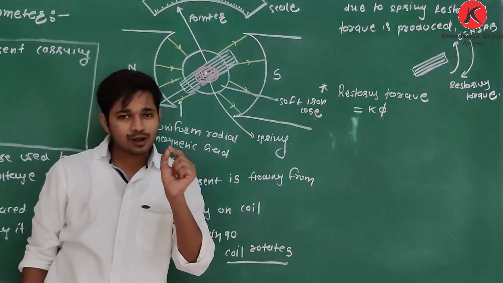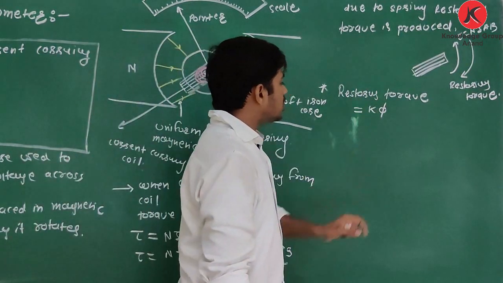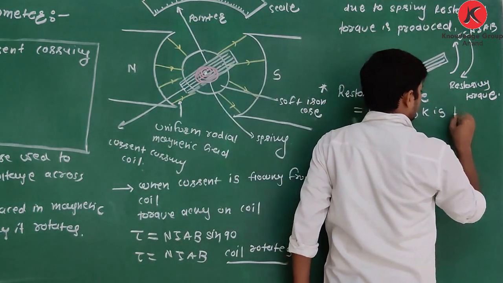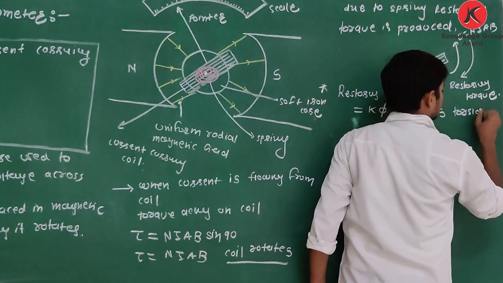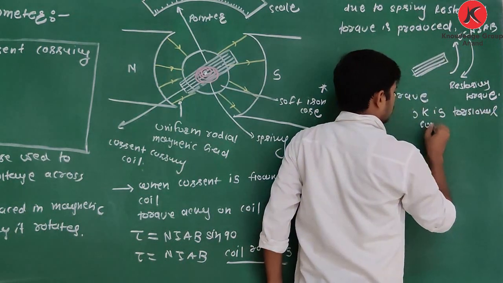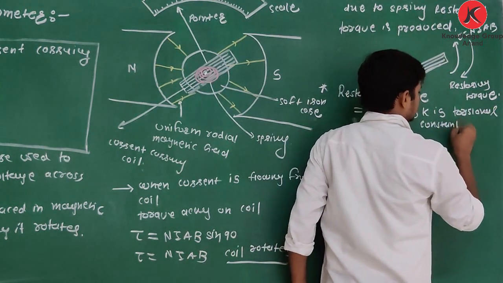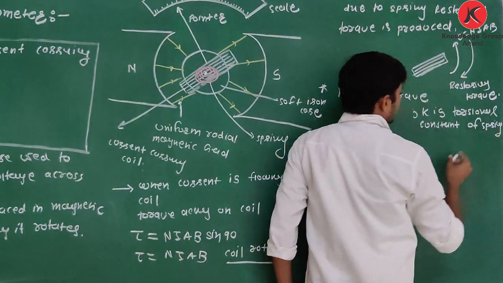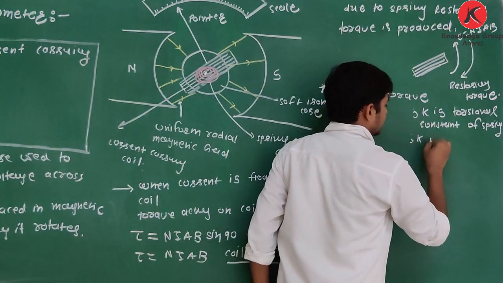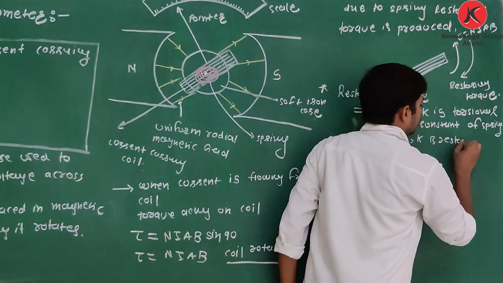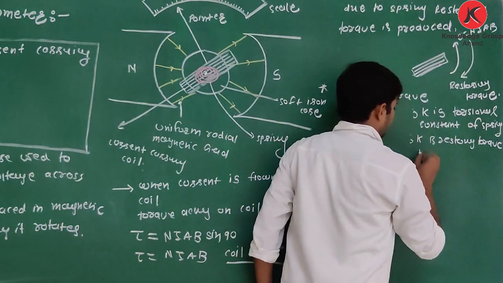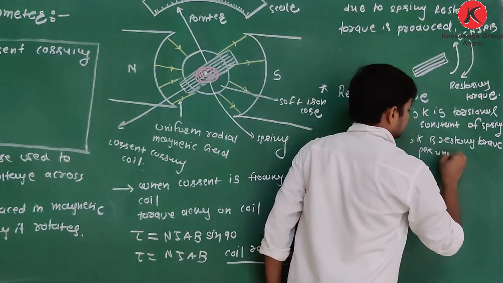So restoring torque is equal to K phi, where K is the torsional constant of the spring, or it is also called restoring torque per unit twist.